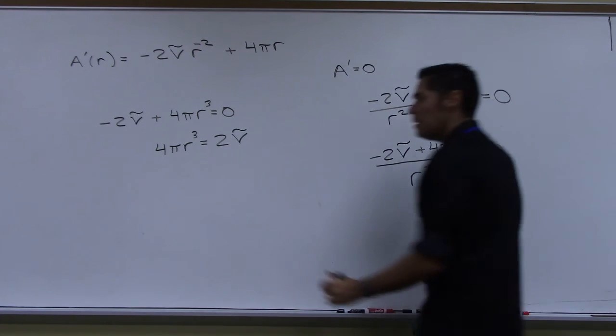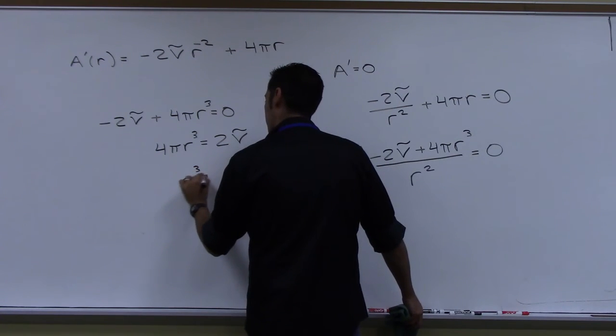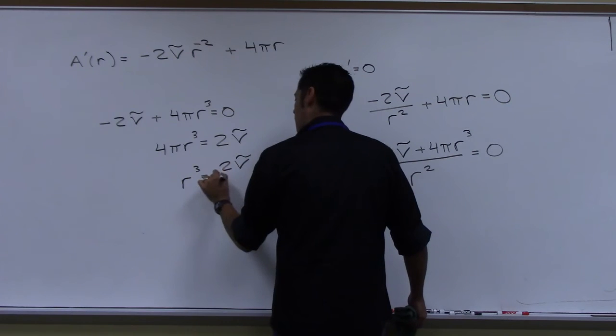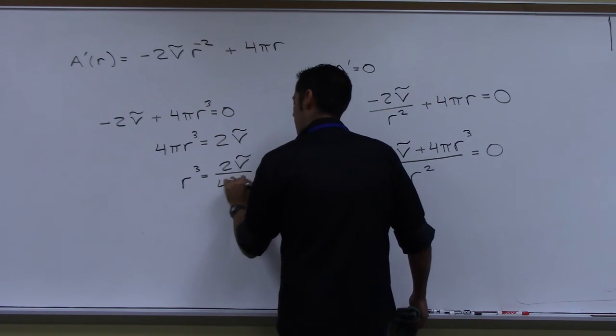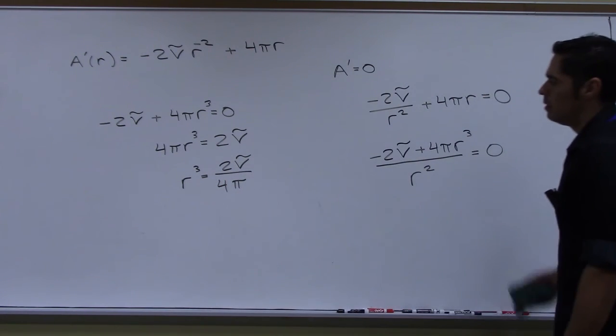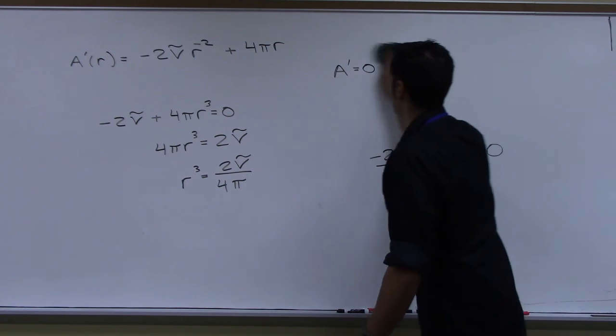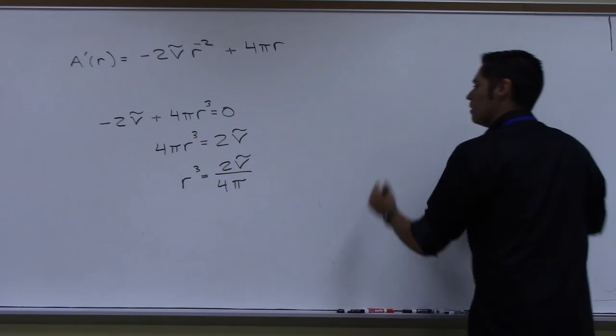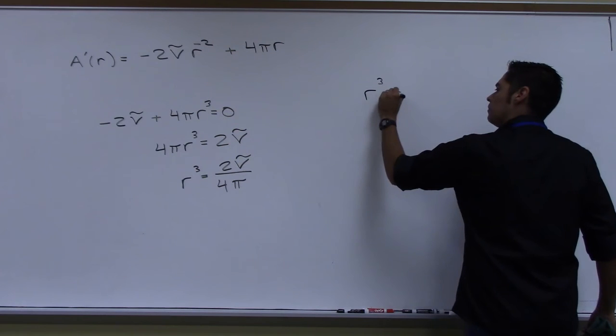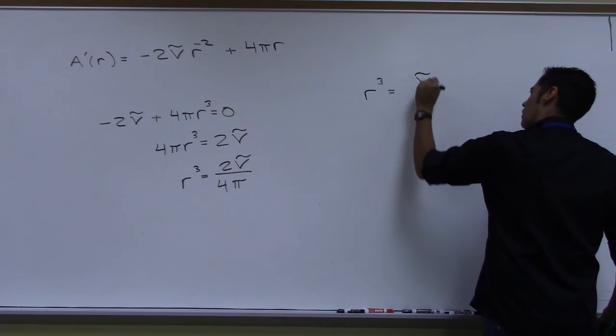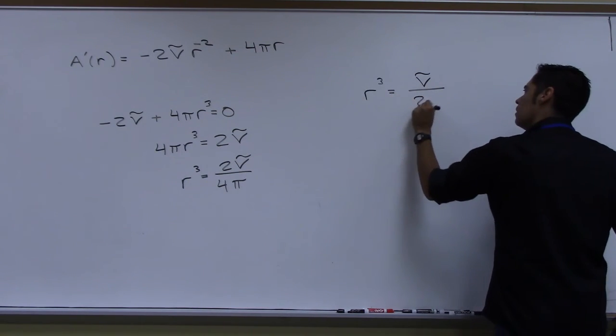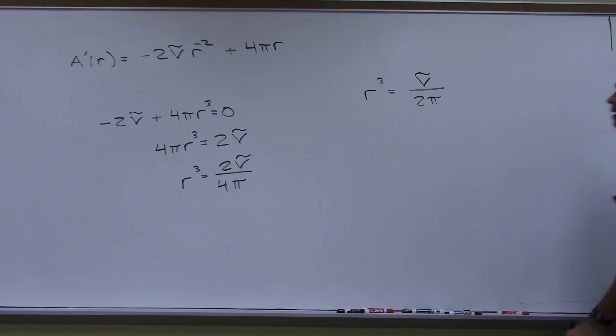Divide by 4 pi. I'm going to reduce the fraction. 2 over 4 is 1/2. And what would my last step be here?